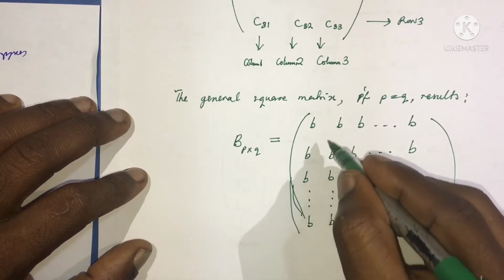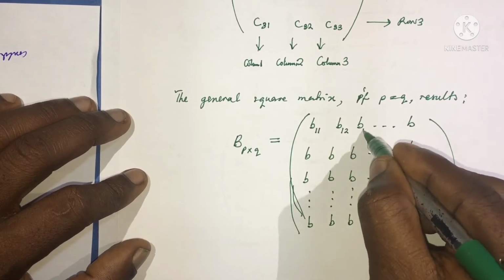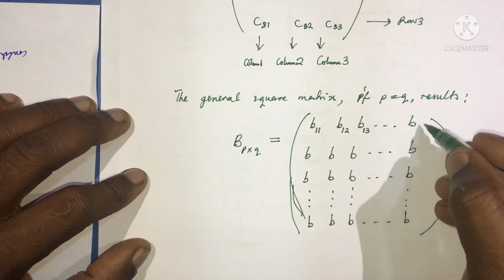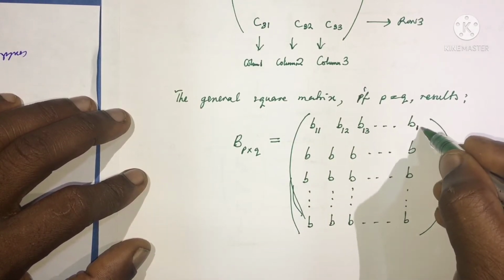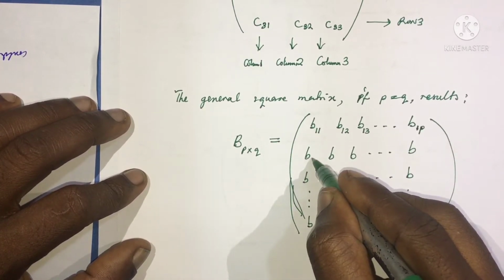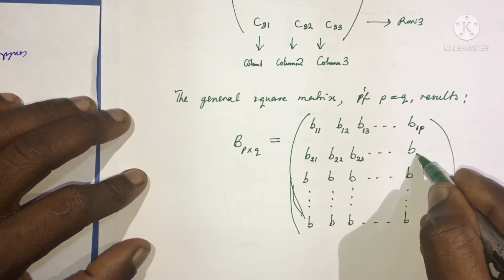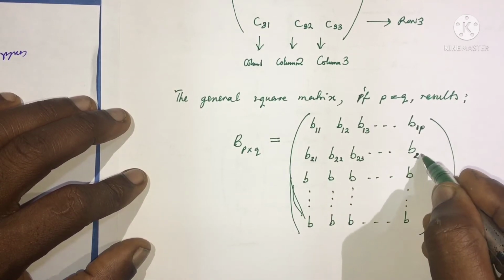Now, this will be 1,1, 1,2, 1,3. This will be 1,P. This will be 2,1, 2,2, 2,3. Then this will be 2,P.